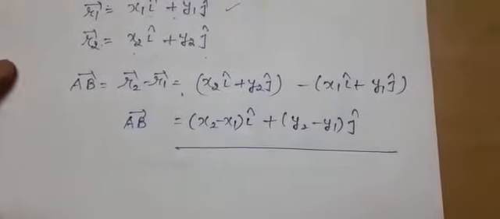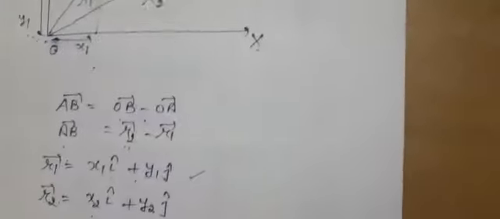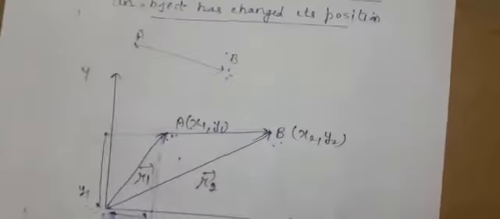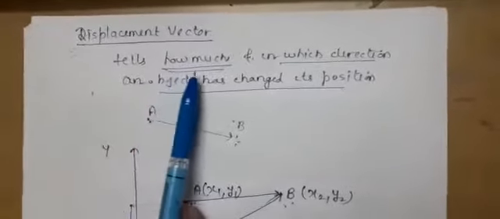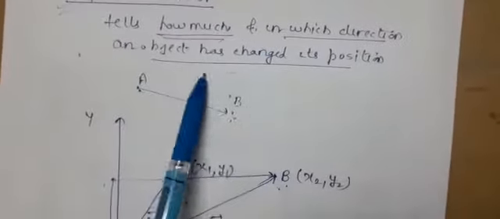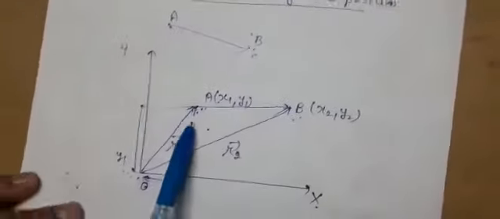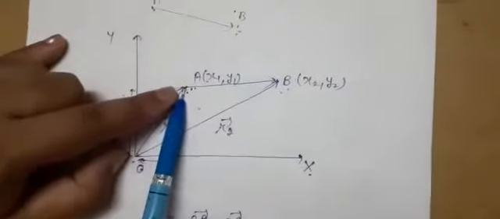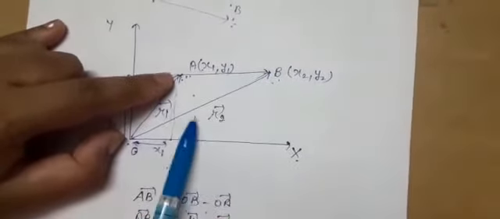This is just the explanation part, for your understanding. What you have to write here is: what is a displacement vector? It is a vector that tells how much and in which direction an object has changed its position. See here, as for the displacement vector, its initial point is not fixed. Here point A is here, B is here; the point can lie somewhere else in the plane.